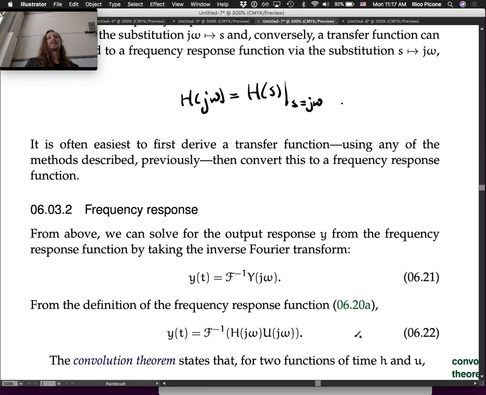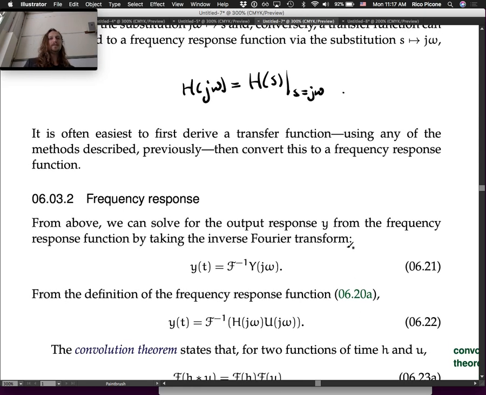Okay. Now, we're going to use this. And there are some really interesting things that we can find out about this frequency response function. We're going to use it quite a bit. It's a really powerful tool. I would say it is on par with the power of the transfer function.